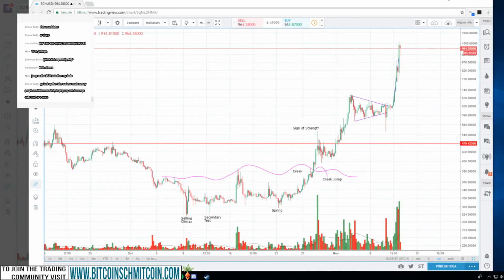If you guys follow me on Twitter, I'm assuming you do, otherwise you wouldn't be here, we've been making these pennants, and I've just been posting about them. I think I called this one out a while ago, and then this one a few days ago as well. But we broke out of the accumulation phase in here, and this is called the sign of strength. And this breakout really signals the beginning, notice how I said the beginning, of a bull run.